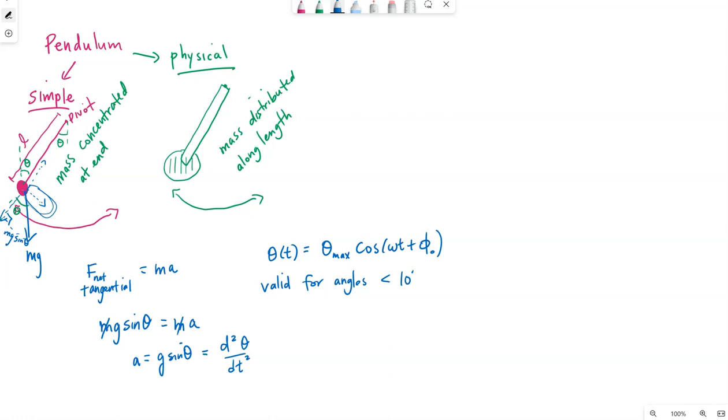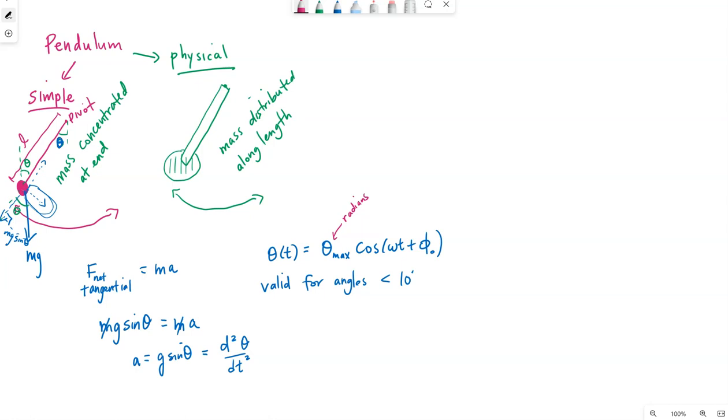Now, theta max would be the maximum angle that we pulled the pendulum to the side and then released from rest and allowed it to oscillate. If we use this equation, theta must be in radians because of the small angle approximation in the derivation.